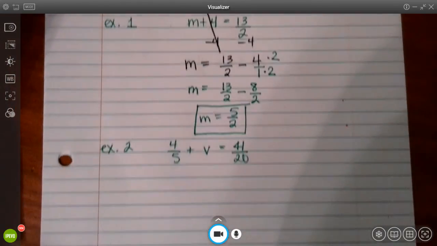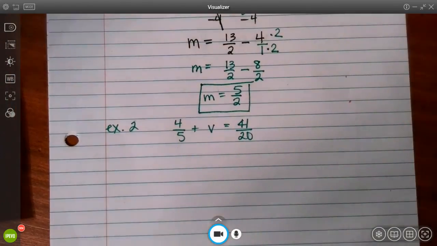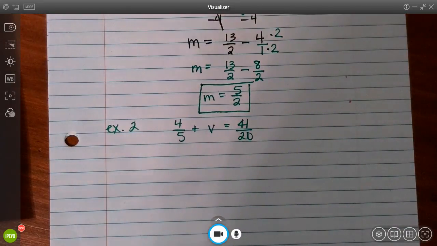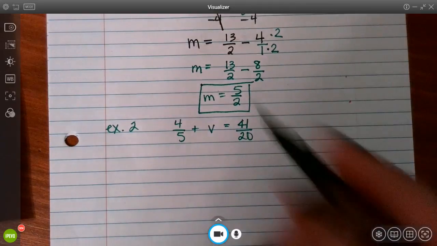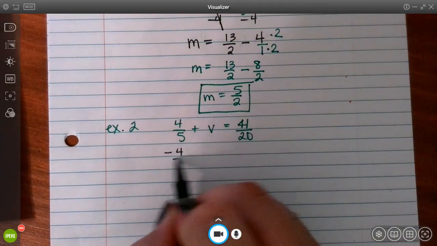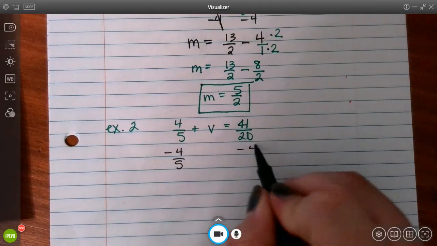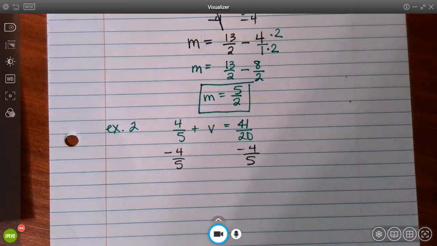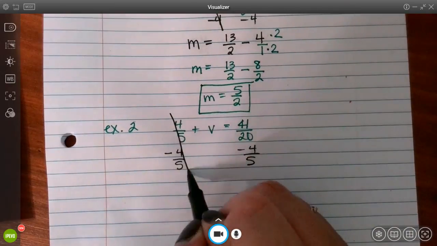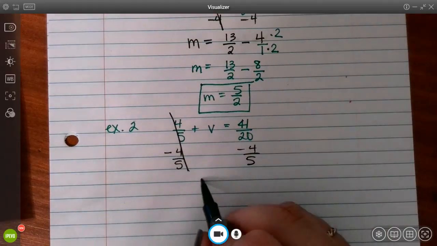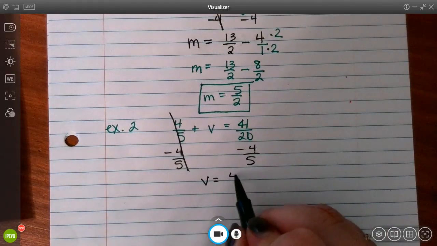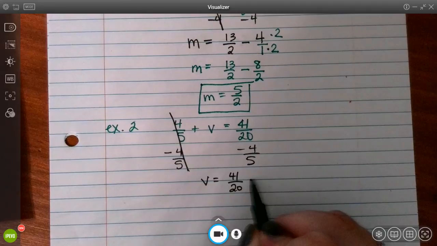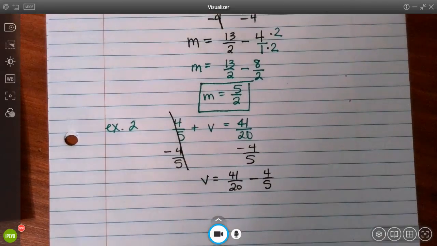Looking at example 2, you'll notice similarly the same thing, except now we have 2 fractions. The first thing I want to do is still what I would normally do, is subtract each side by 4/5. Well, 4/5 minus 4/5 is 0, so I'm left with v on this side. And I've got 41/20 minus 4/5.